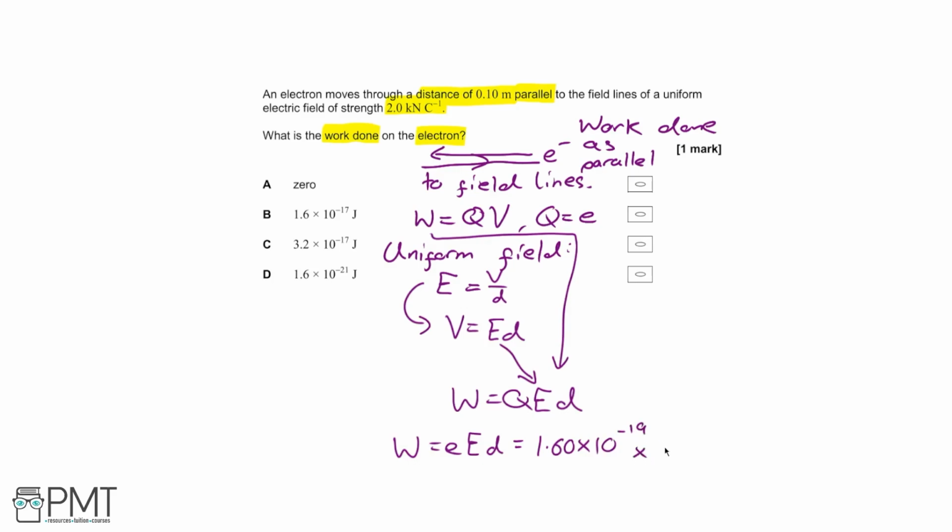We have that the electric field is given by 2 times 10 to the 3. This is to convert kilonewtons to newtons. And the distance is given by 0.1. Therefore, we get an answer of 3.20 times 10 to the minus 17 joules, which is given by C.